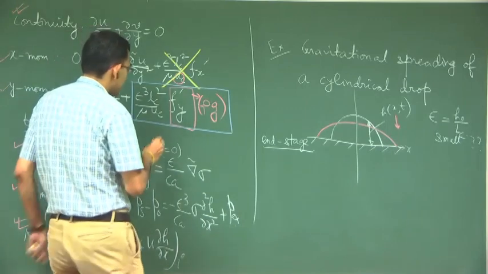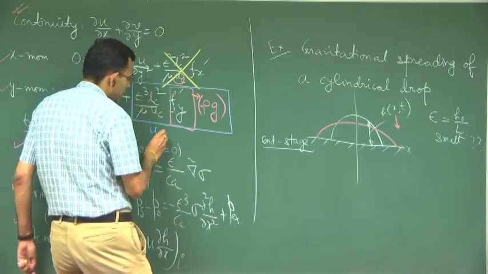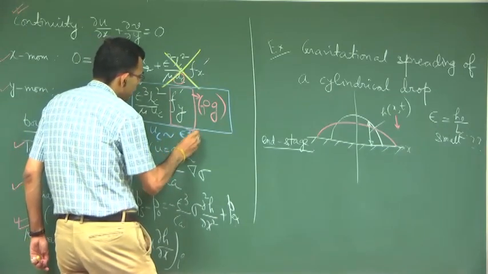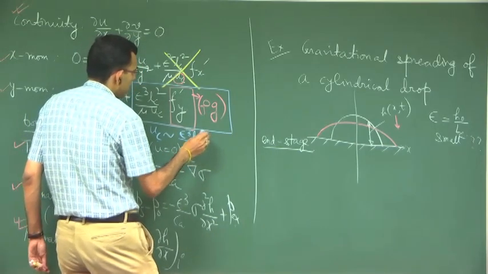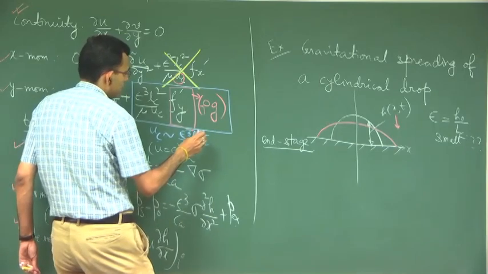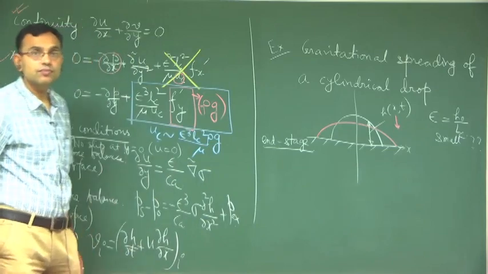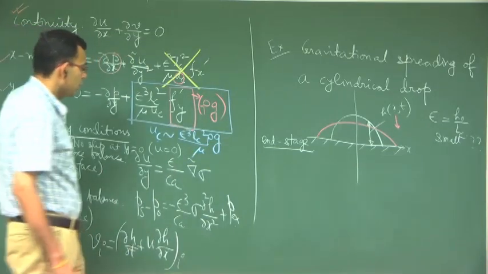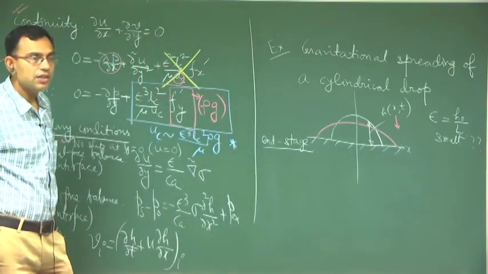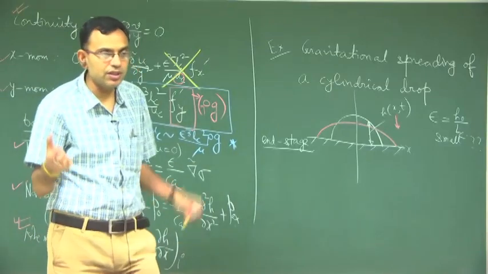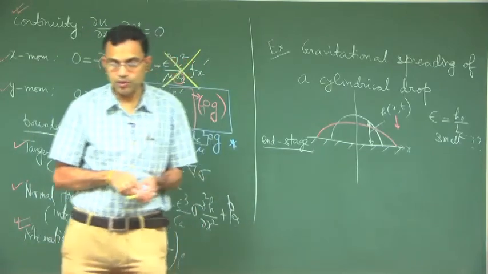If that be the case, UC is of the order of epsilon cube LC square by epsilon cube LC square rho g by mu, right. This is the first step, and I believe this is the most important step, because the remaining steps are algebra, calculus, everything, but this step is the physics and you have to be very, very careful about it.